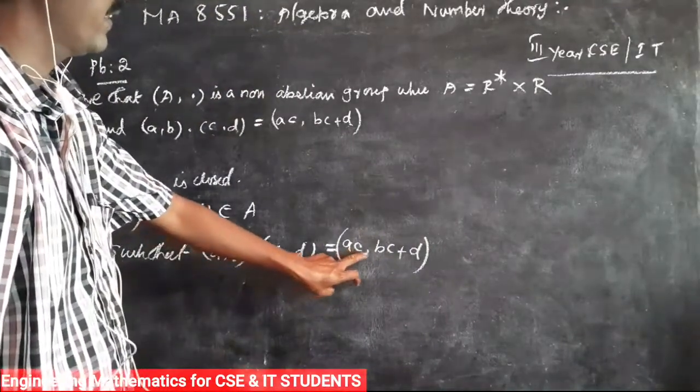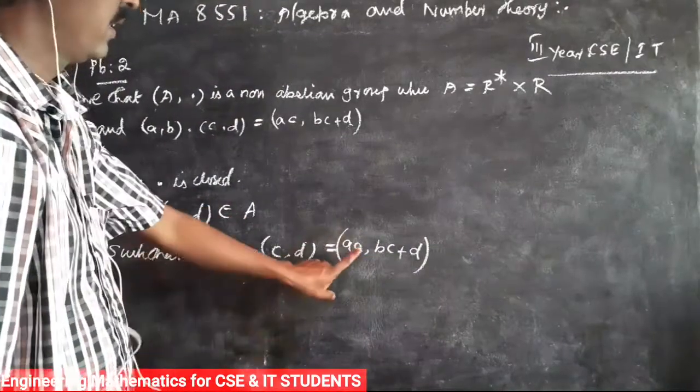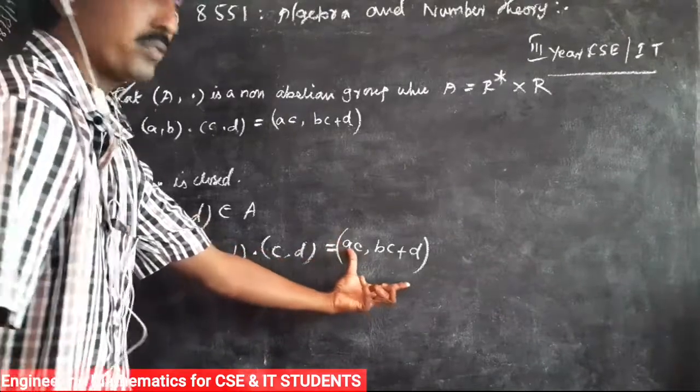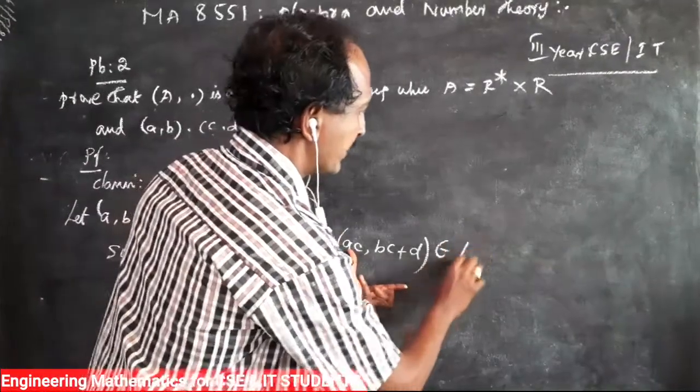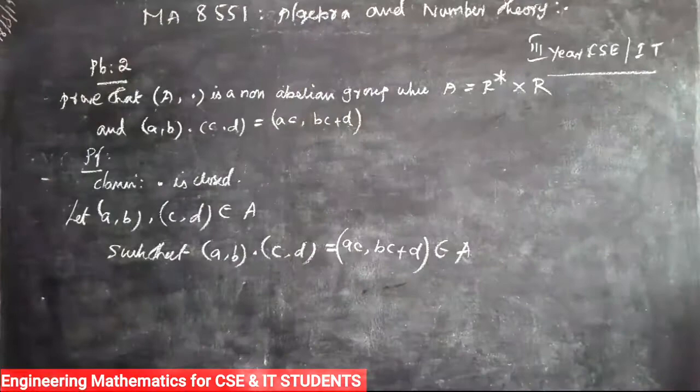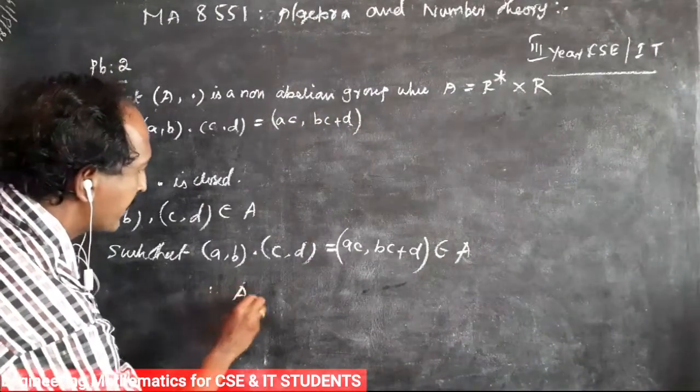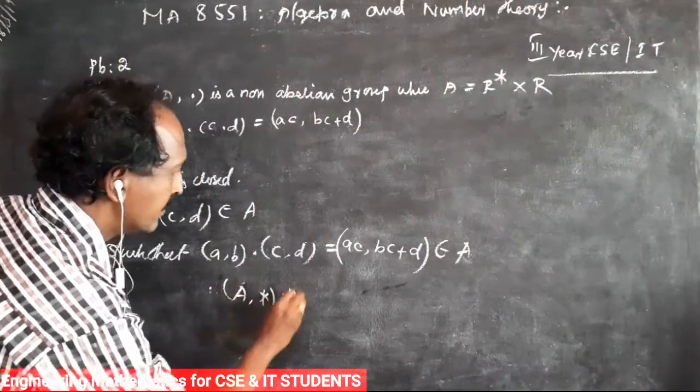So A is real, C is real and B is real, that is of the ordered pair form. So this belongs to A. Therefore A comma dot is closed.